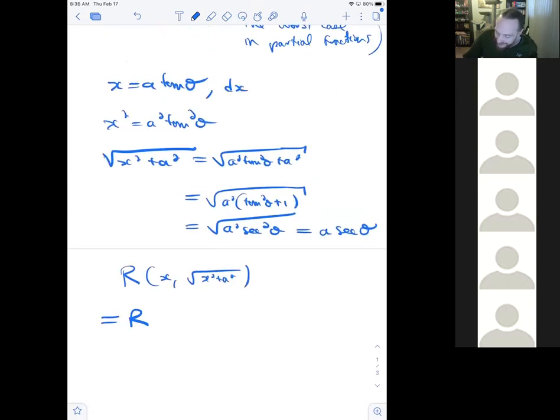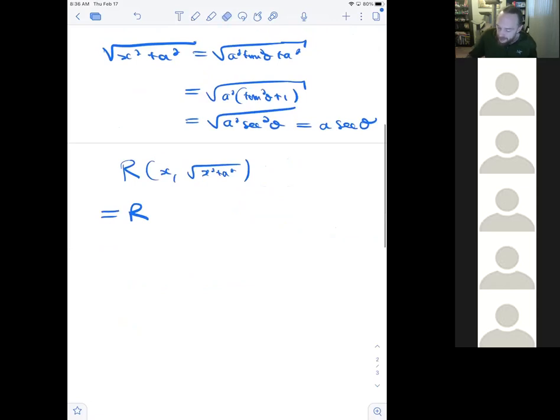This also says dx is equal to a secant squared theta d theta. So anytime I have any integral which involves a rational function in these two variables, x and square roots of these, then I can use this substitution, which is an inverse substitution, a tan theta.